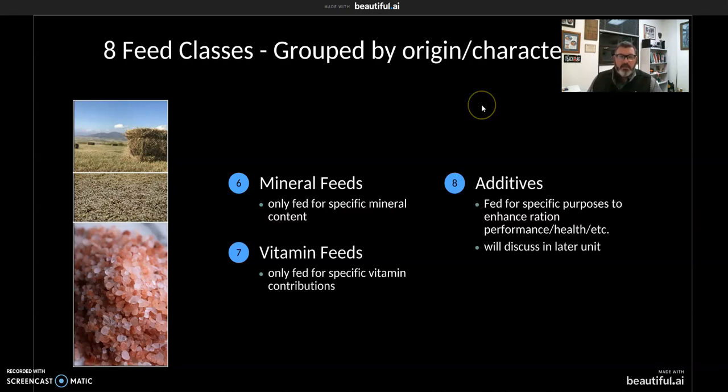Things like dicalcium phosphate or magnesium oxide. Vitamin feeds, again, only fed for specific vitamin contributions. And then there's a whole class of additives, fed for a very specific purpose to enhance the ration in terms of performance or health or efficiency or something like that. We will actually discuss additives in detail in its own unit later on.